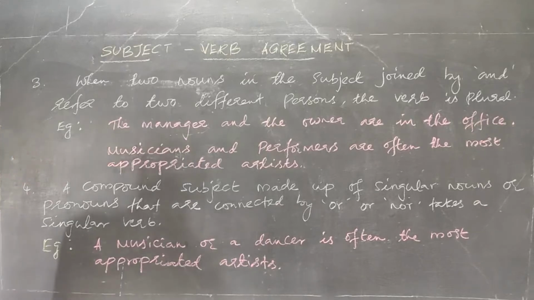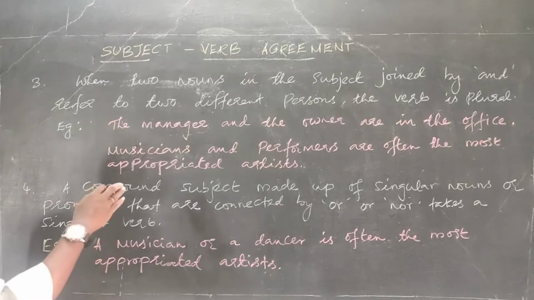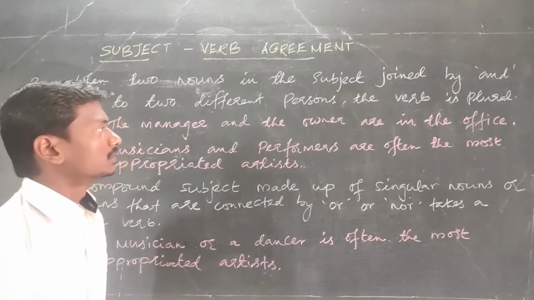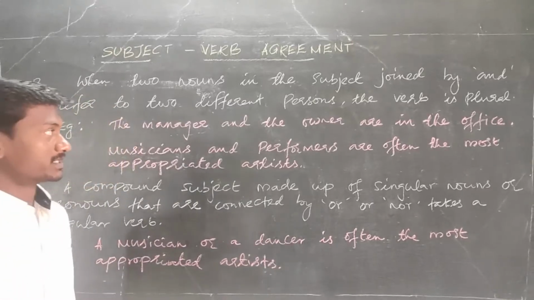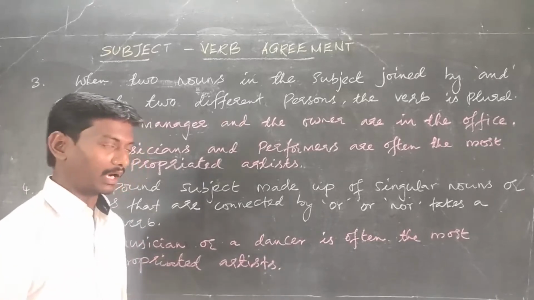Next, rule number 3. When two nouns in the subject joined by and refer to two different persons, the verb is plural.